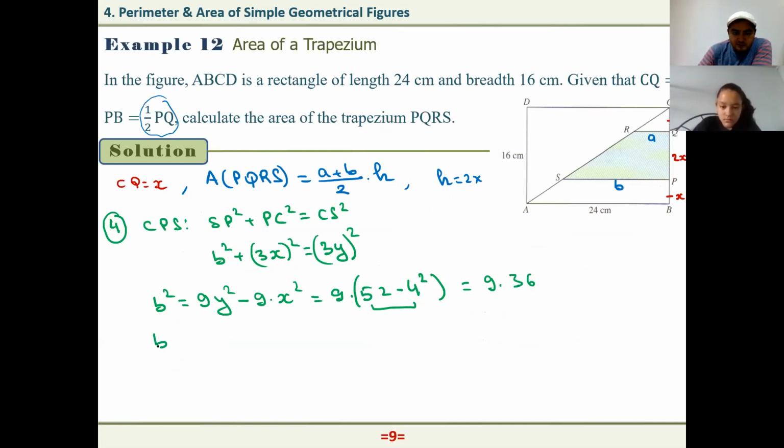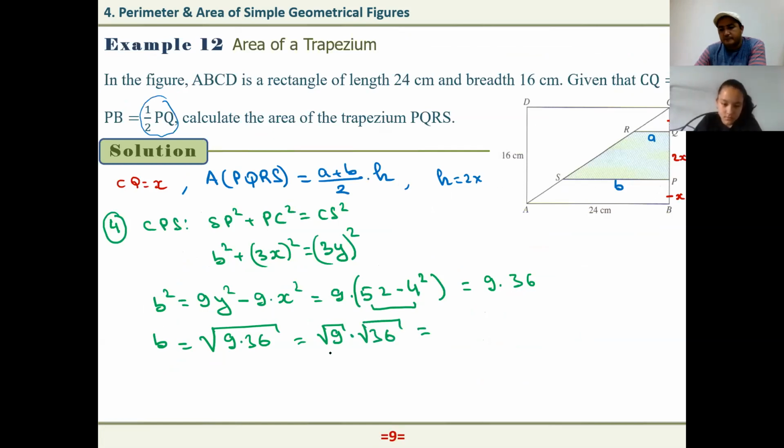Now I can write here, what is B? B equals square root of 9 times 36, or we can just write it as square root of 9 times square root of 36. What is square root of 9? 3. Square root of 36? 6. And 3 times 6? 18.